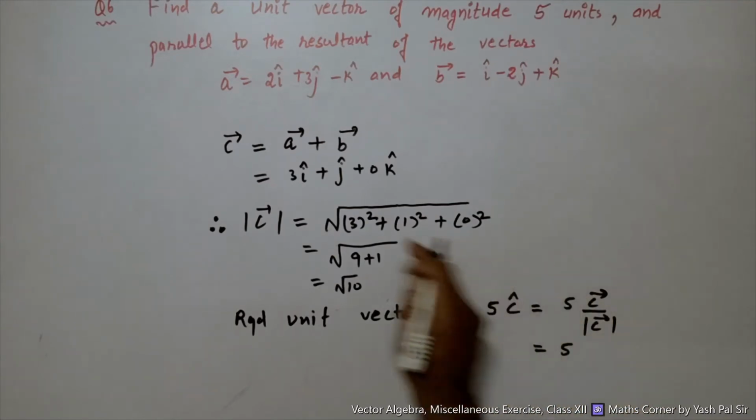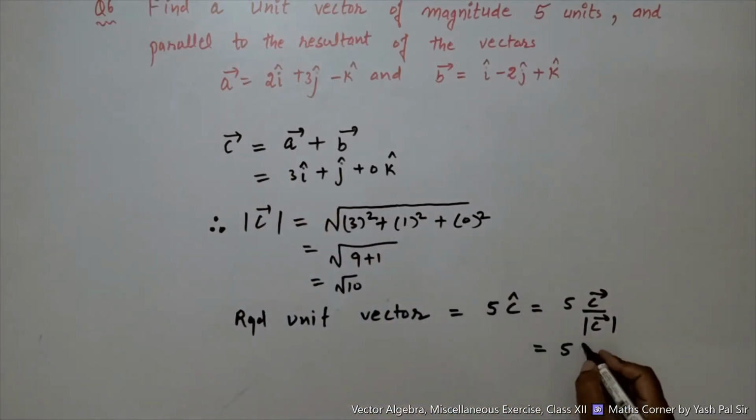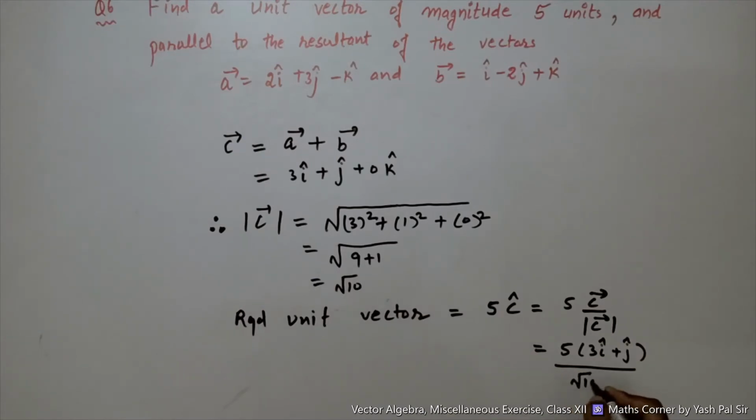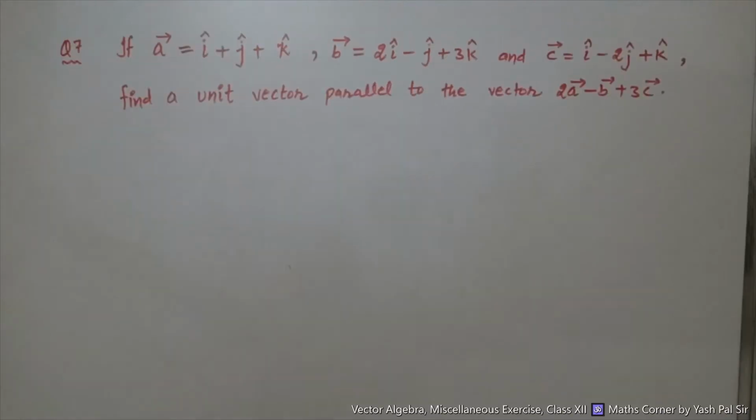What is c vector? This is 3i plus j. And what is magnitude of c? This is square root of 10. So this is the required unit vector.